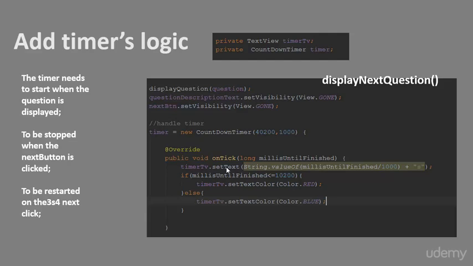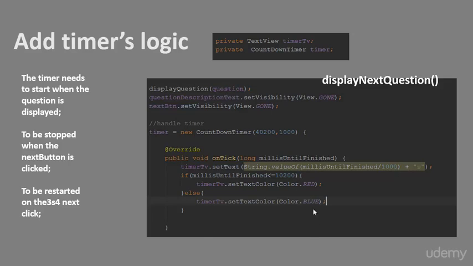We need to set the text of the timer because currently it's empty, and as text needs to be set the string value taken from the millisUntilFinished divided by 1000. Here the argument given, and we want to add s or seconds.